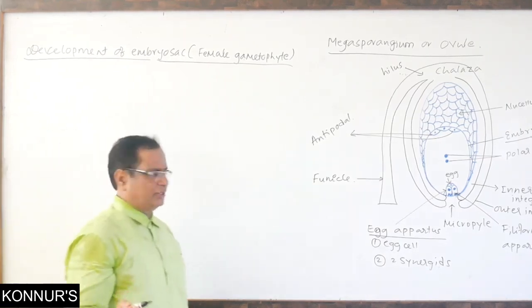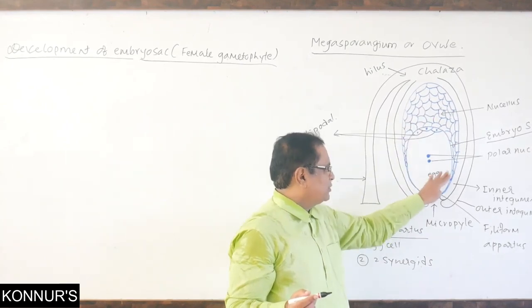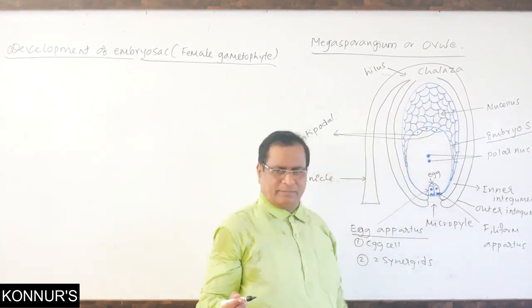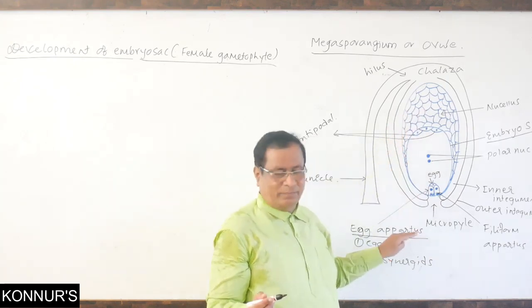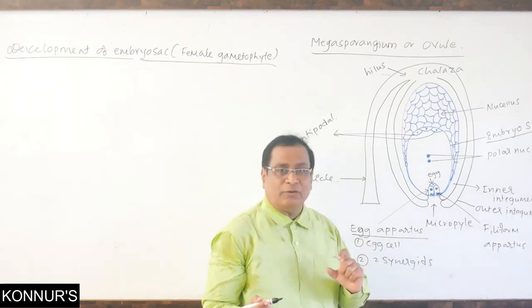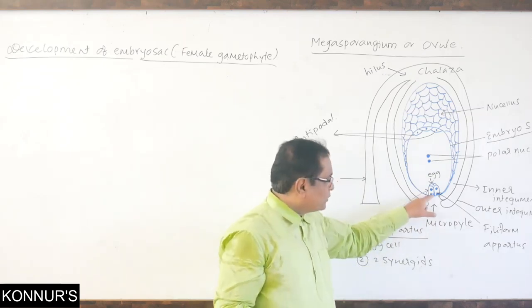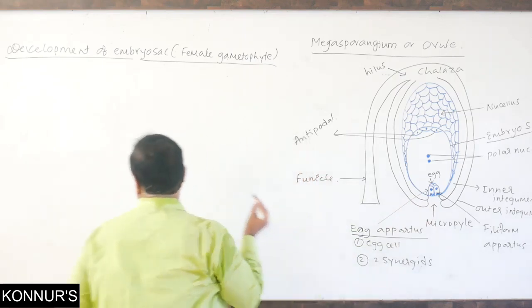I have just mentioned, totally internally it is filled with nucellus. One of the nucellus cells gives rise to this embryo sac. Which nucellus cell? That nucellus cell which is present towards micropyle, I am going to draw here.